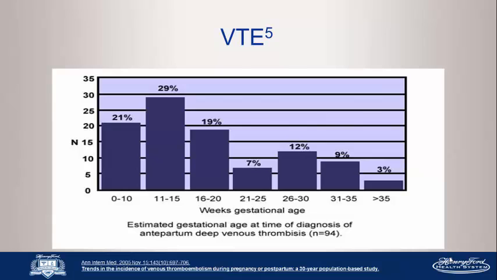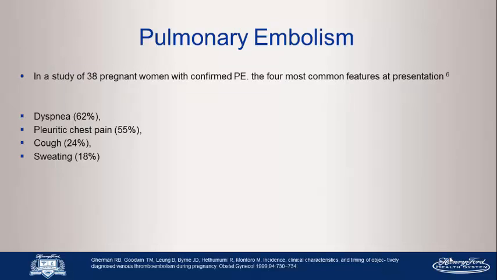The absolute risk they found in this study was about 200 VTE in every 100,000 pregnancies. What I find interesting about this study is that I always thought the chance of having venous thromboembolism would be higher at higher gestational age, but it seems that 11 to 15 weeks is the peak of incidence of VTE in pregnancy.